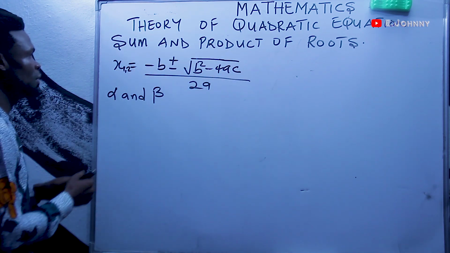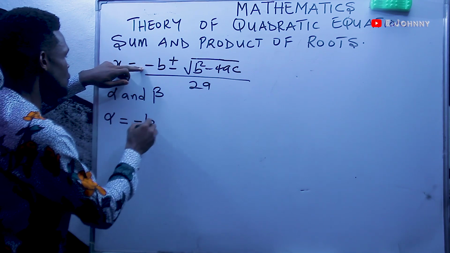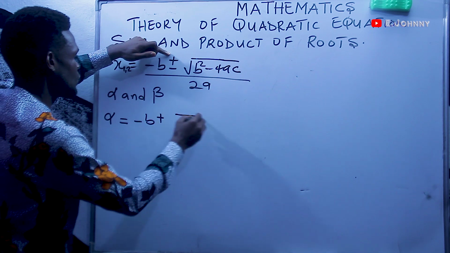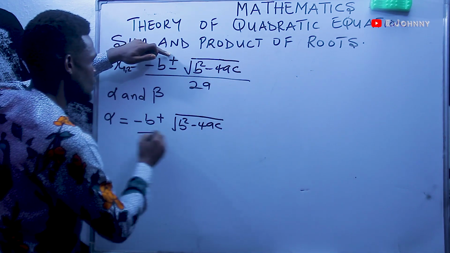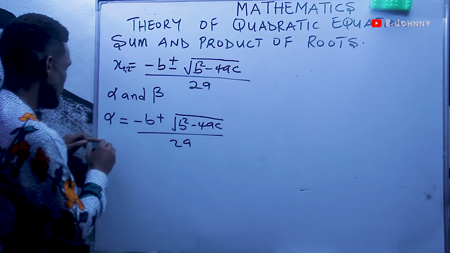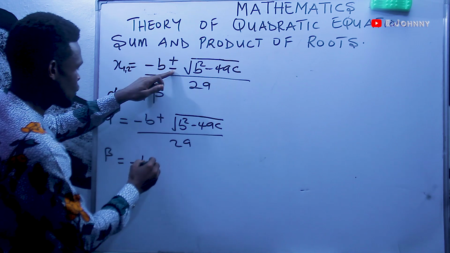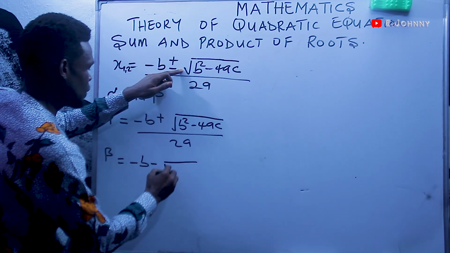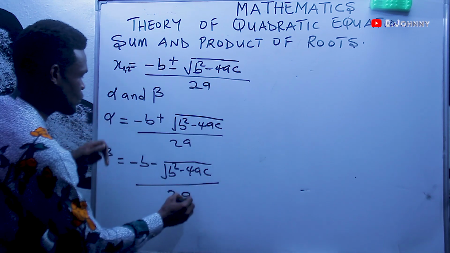Okay, so let's split it. That alpha is equal to minus b plus root b squared minus 4ac all over 2a, and then beta is minus b minus root b squared minus 4ac all over 2a.